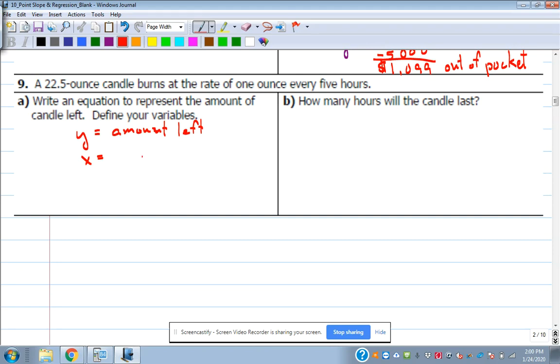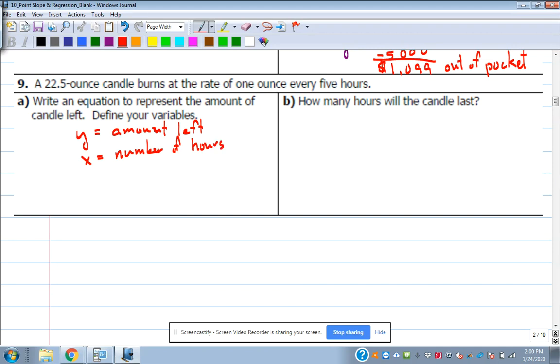Not 5 hours, because it's probably going to burn that candle more than 5 hours. You light it when you get home from school, and then you burn it till you get ready to go to bed or something. That's usually kind of what folks do. Well, it's not going to be a number. What's X going to represent? It's going to represent the number of hours that we light it.